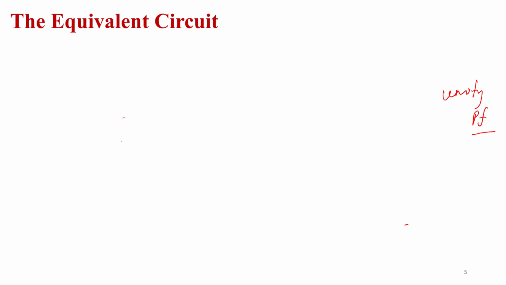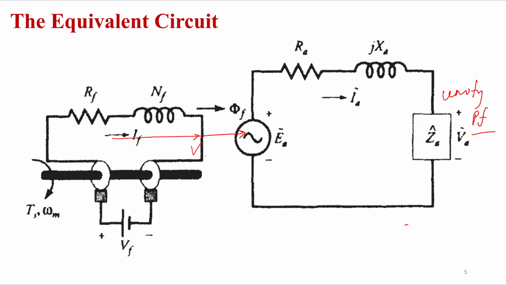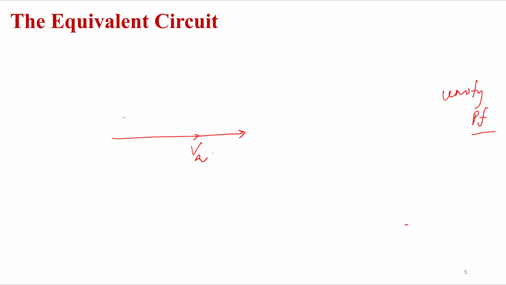Let us say the reference phasor is the voltage across the load, that is VA. Now this is your VA. Because it is unity power factor, IA will be in phase with VA, right? Now I need to put IARA. So IARA will be in the same direction as VA, right?